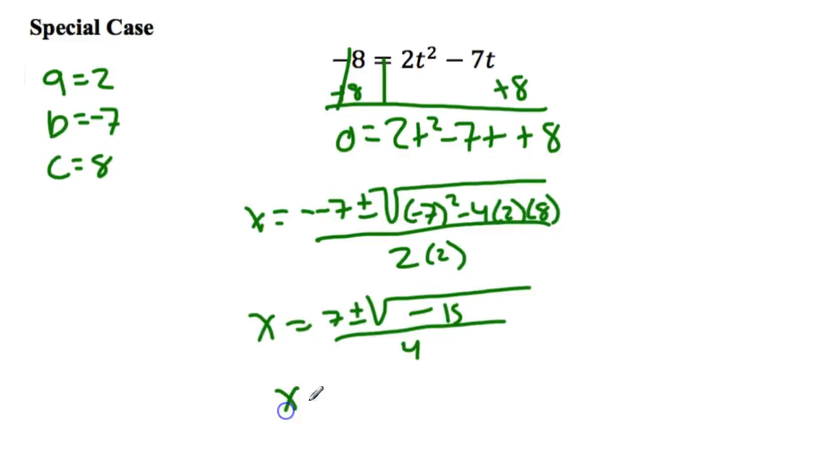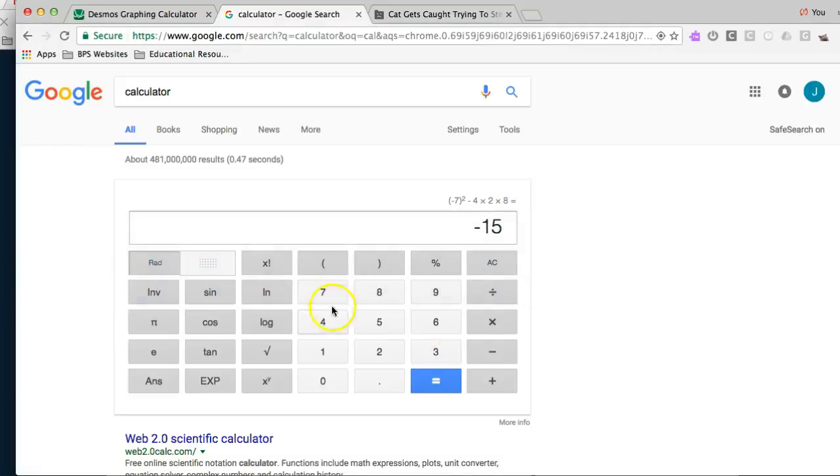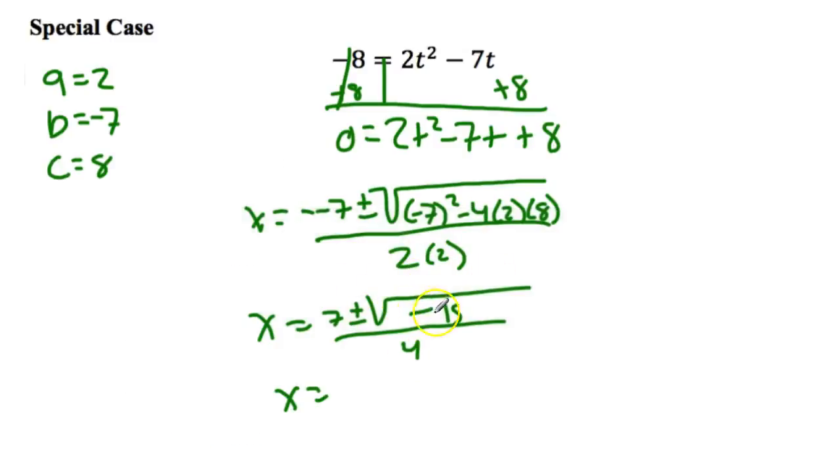If I wanted to turn this into a decimal, 7 plus square root negative 15. What happened? Error. So we talked about this a little bit in the other one. If you have a negative square root, you're going to have no real solutions, right?